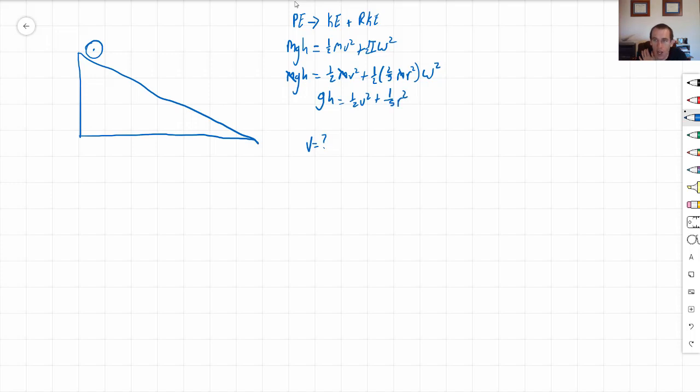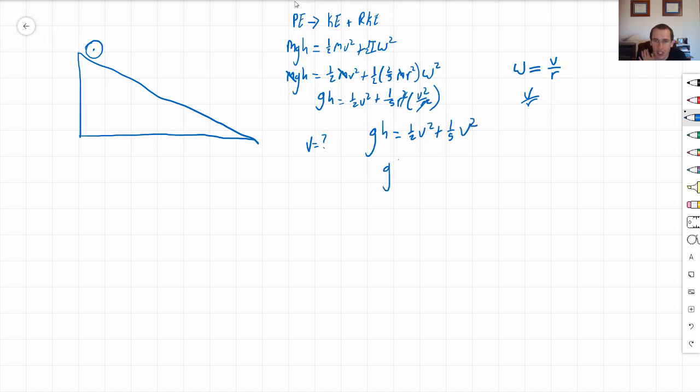But remember, omega is just the velocity of something divided by its radius, and so I can replace omega with v over r, and since we have omega squared, that's v squared over r squared. Well, this gets me gh equals 1/2 v squared plus 1/5 r squared cancels r squared, and so v squared.